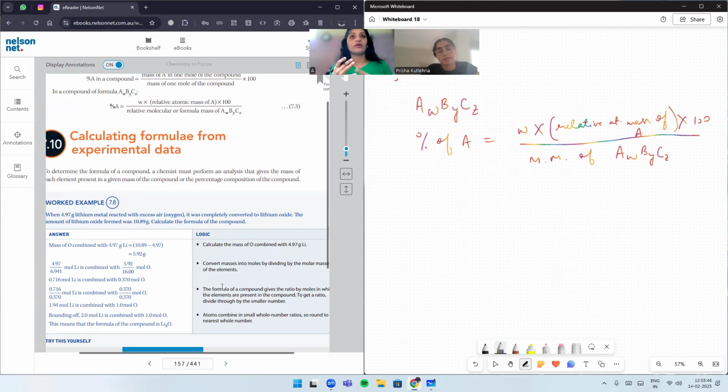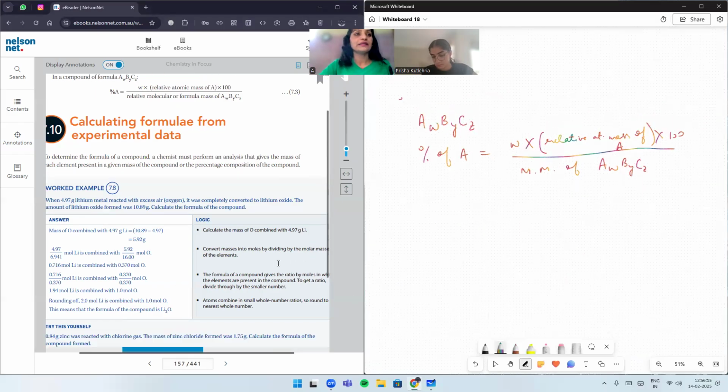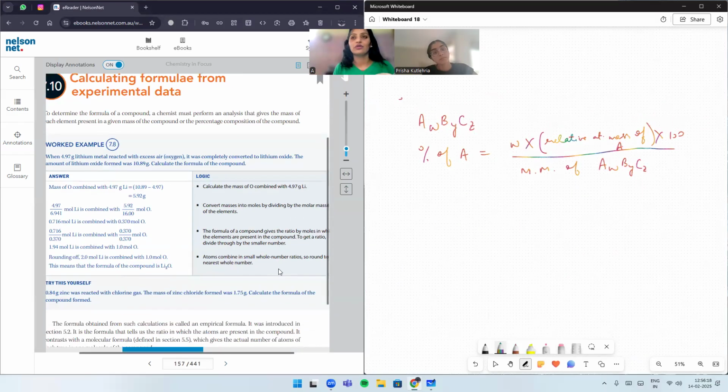Number one is your percentage, number two is your ratio. We know when we started doing chemistry, when we were talking about the compound, we said that in the compound, the elements are found in a particular ratio by mass. So we are going to stick to this basic definition and frame up the formula. Let's see. First of all, we are going to do the example and then proceed to the unsolved ones also.